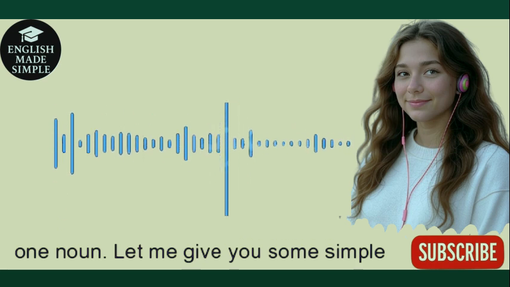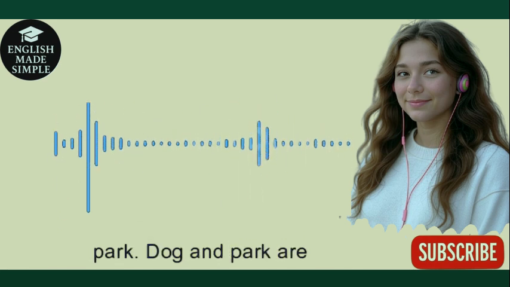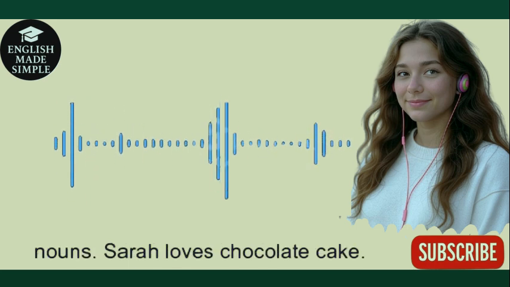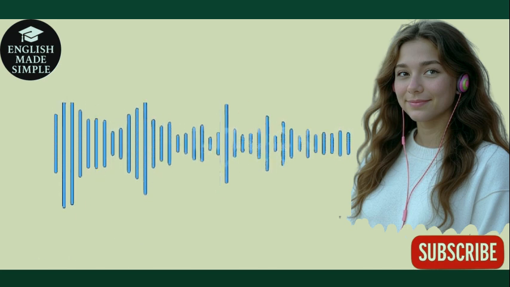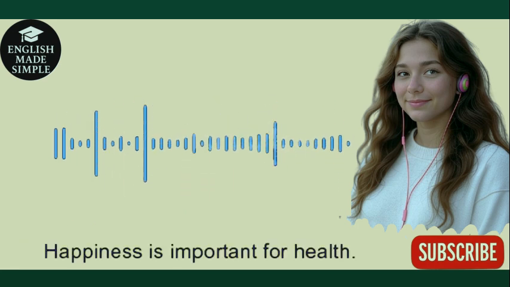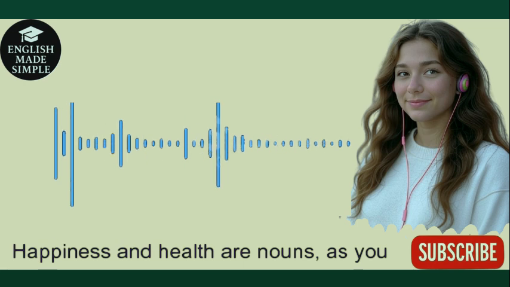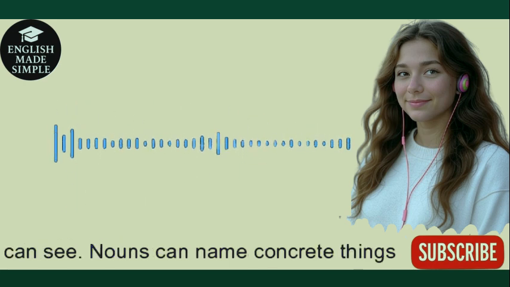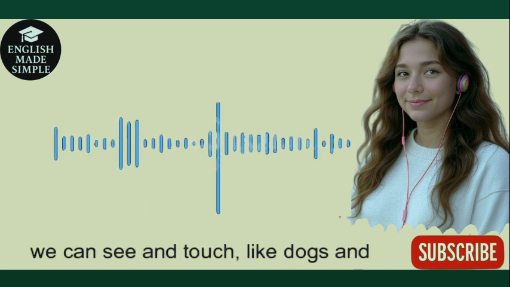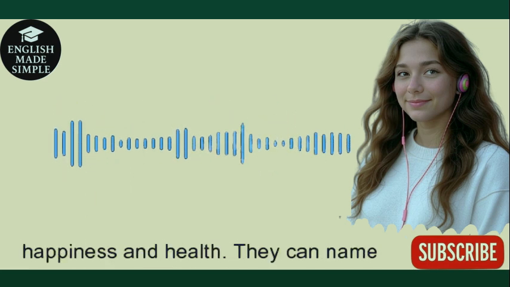Let me give you some simple examples. The dog is running in the park. Dog and park are nouns. Sarah loves chocolate cake. Sarah, chocolate, and cake are nouns. Happiness is important for health. Happiness and health are nouns. As you can see, nouns can name concrete things we can see and touch, like dogs and cakes, or abstract concepts like happiness and health.